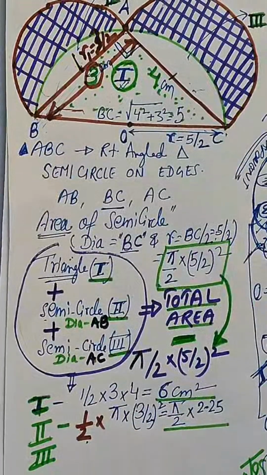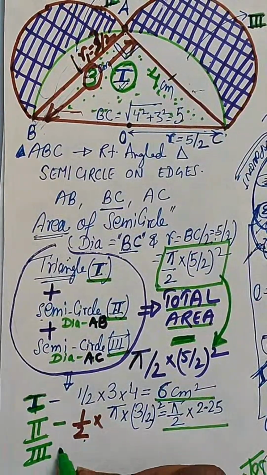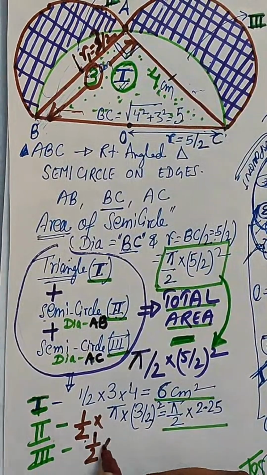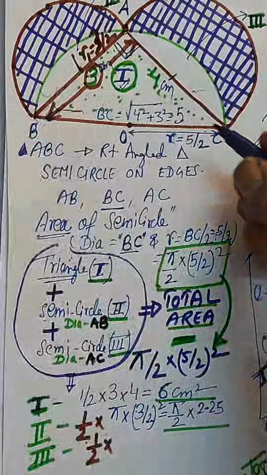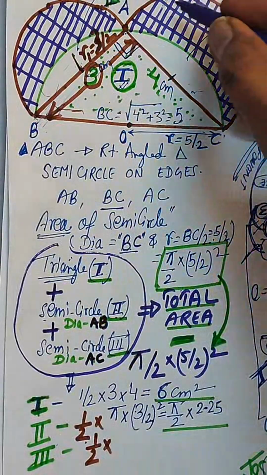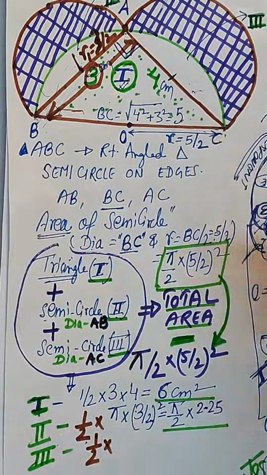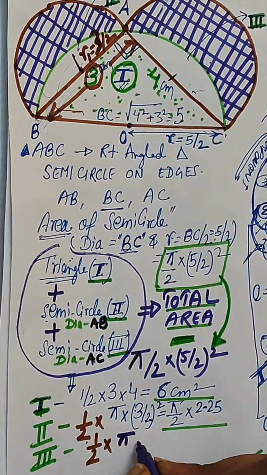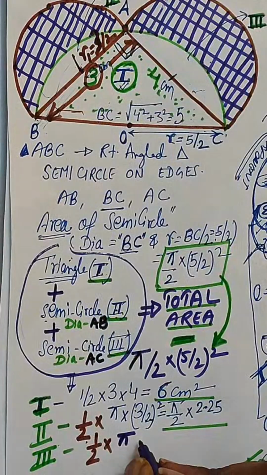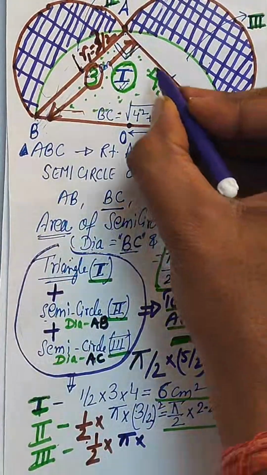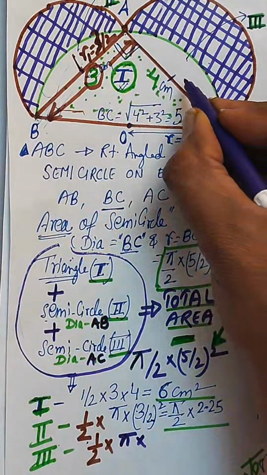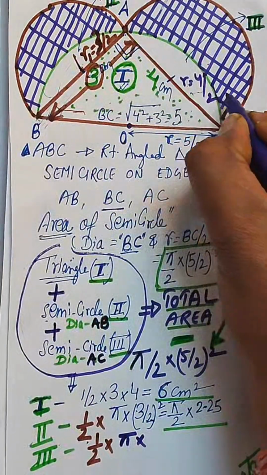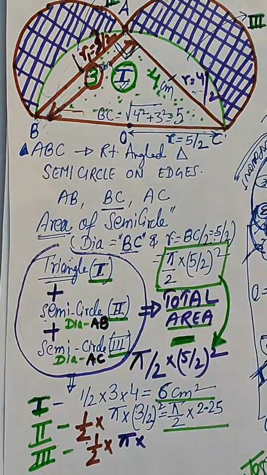This will be the area 3, and area 3 will be nothing but half of the area of the circle built upon the diameter AC. So half of pi into r square. R here, 4 is the length of AC, then this radius will be 4 by 2, isn't it?